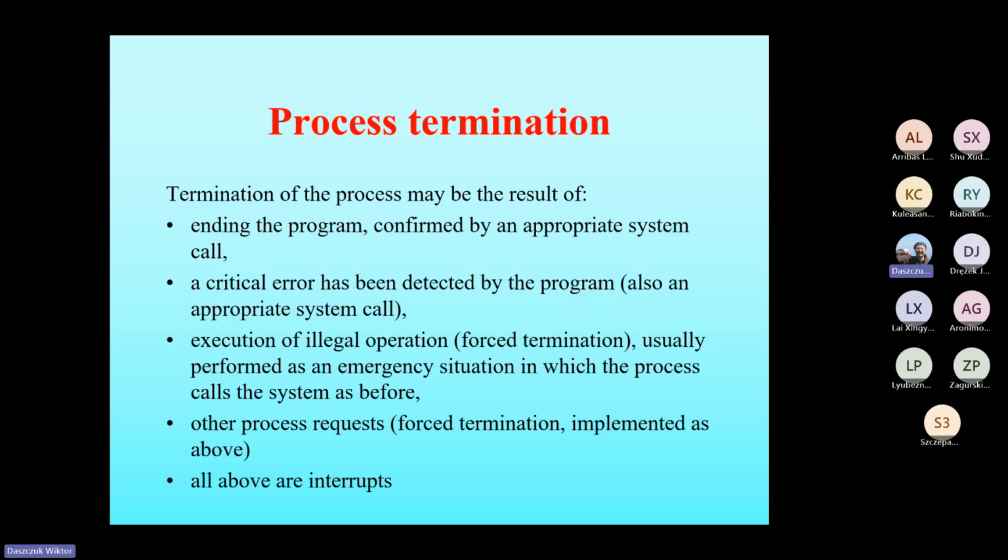If it's a null pointer, extra code finishing the process can be called. Another cause is an order from another process, for example, a kill signal from the parent. And again, all of the above are in fact various kinds of interrupts.